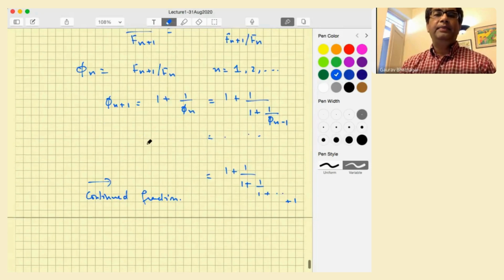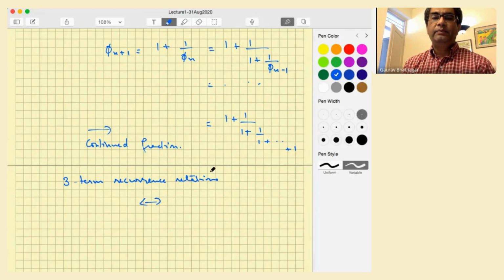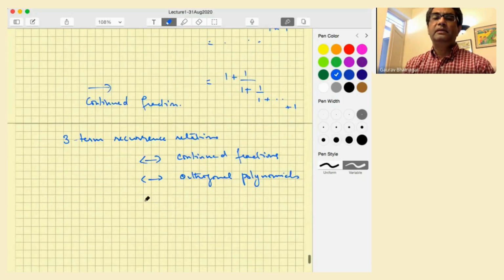And in general, three-term recurrence relations of this kind are related to continued fractions, and they are related to orthogonal polynomials, if they're the right type, i.e. some kind of Fourier analysis.